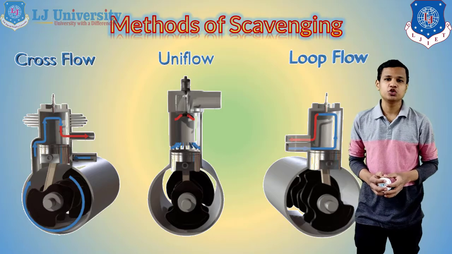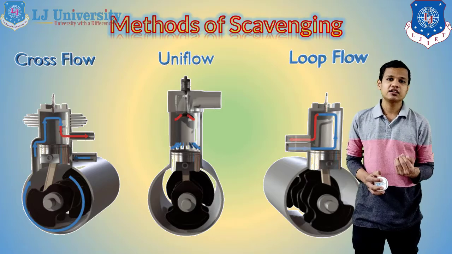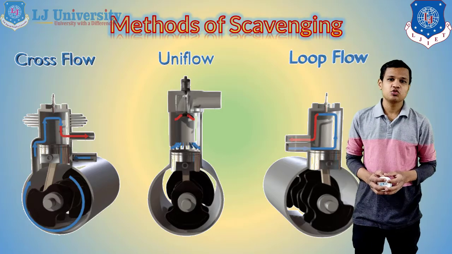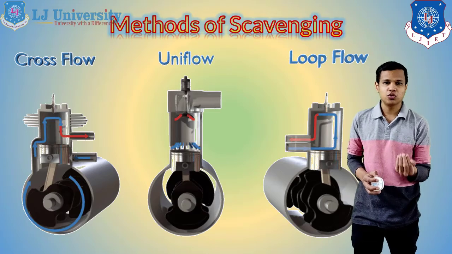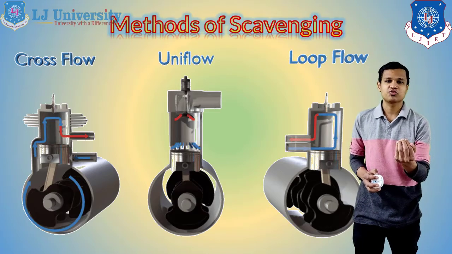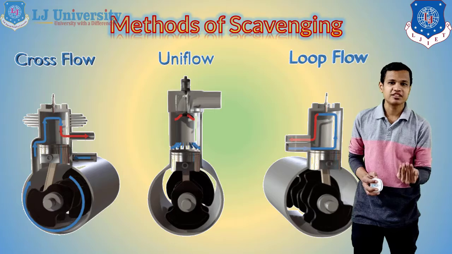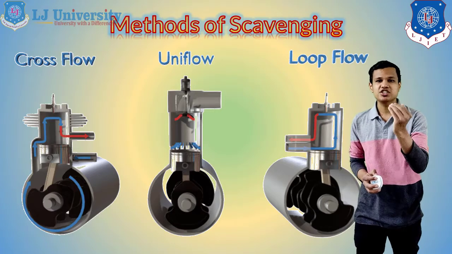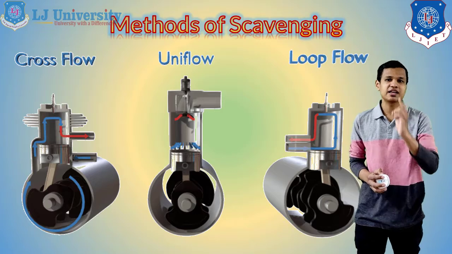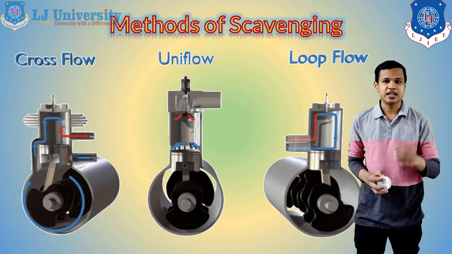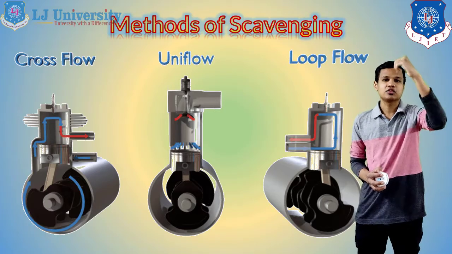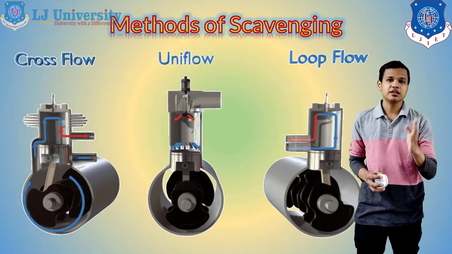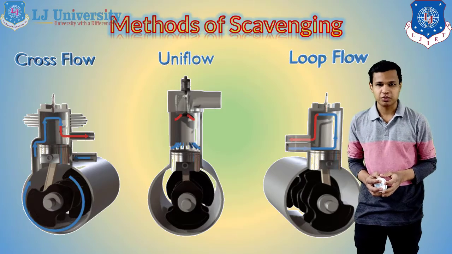The second one is uniflow scavenging. In the case of uniflow scavenging, you can see that the inlet charge from the transfer port comes in the vertical or upward direction, and to get the similar direction, we have provided the exhaust port in the topmost position in front of the spark plug, right?